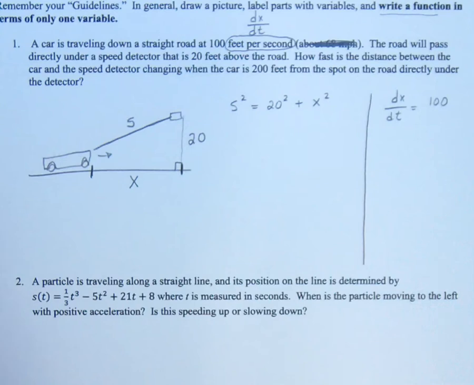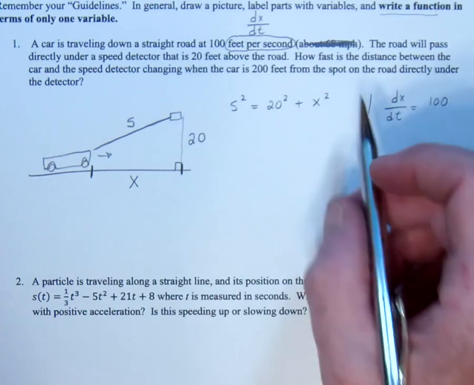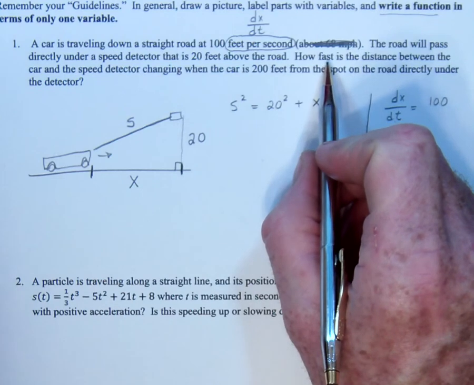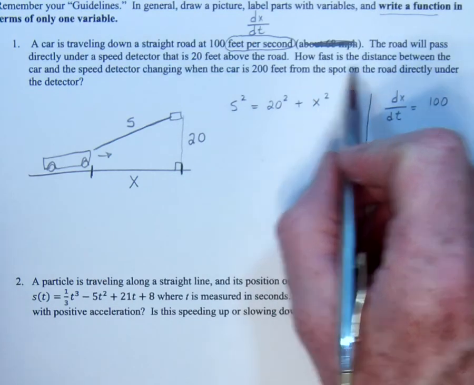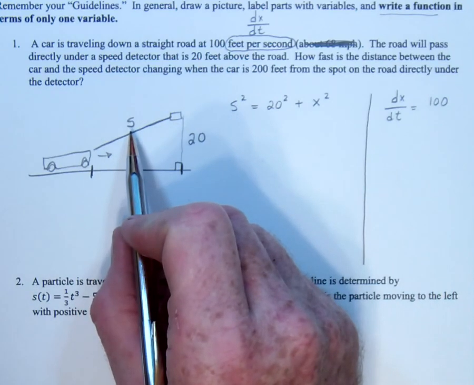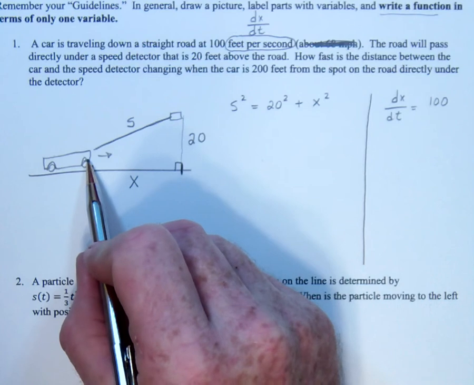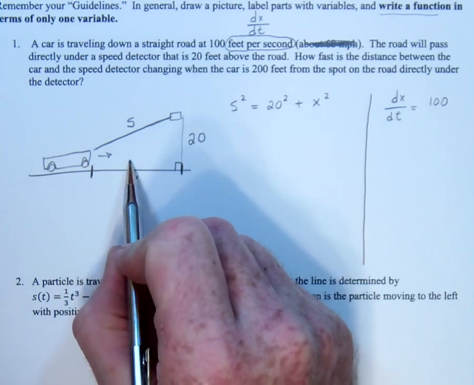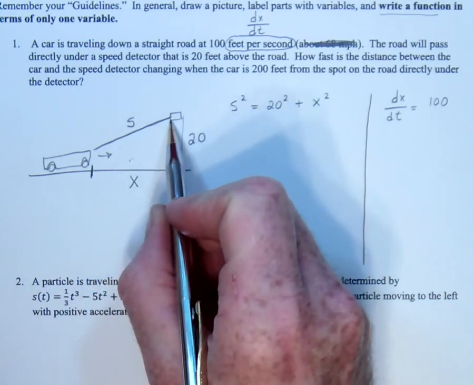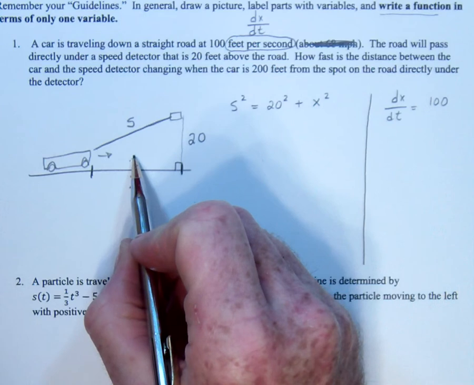Okay, the next thing is how fast is the distance. So when it says how fast, it's asking you for a derivative. The distance between the cars, so that's saying this distance right here. How fast is this distance changing? So as the car goes from here to say right here, of course x got shorter. Well, s would go from here to here, so s is getting smaller also.